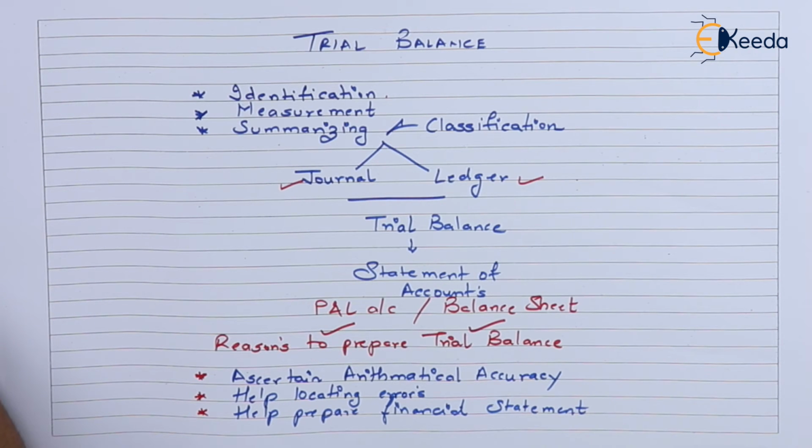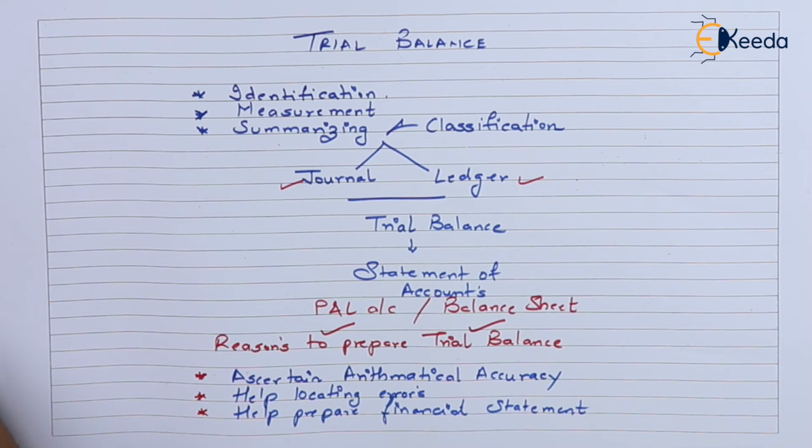Now, the third reason that I've mentioned here is helping proper preparation of financial statements. If you have arithmetical accuracy of all the ledgers and journal postings, and you have located all the errors and rectified them, that means your preparation of financial statements will be successful and the financial statements will be error-free.